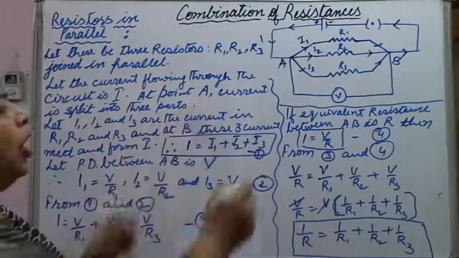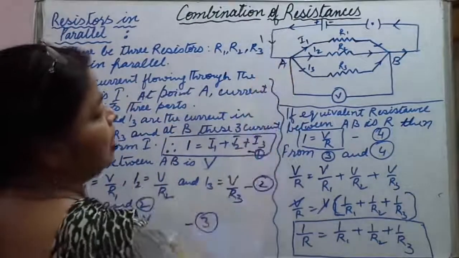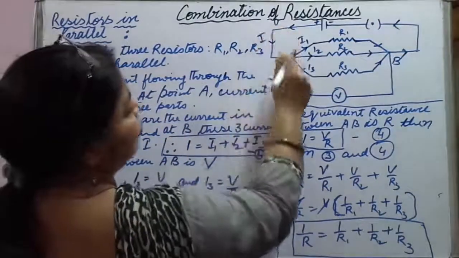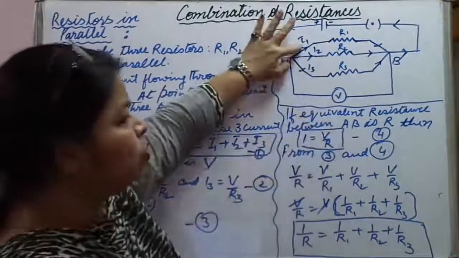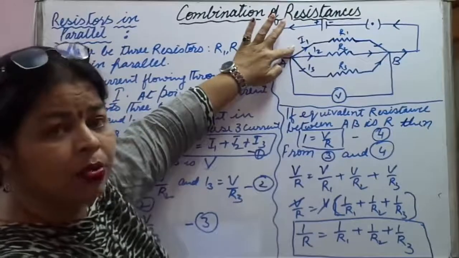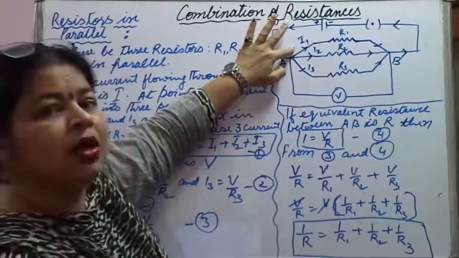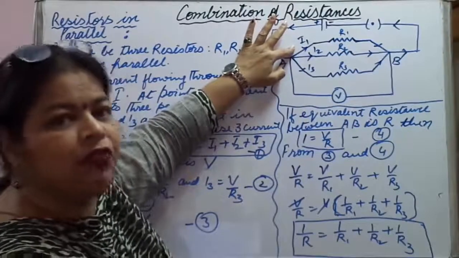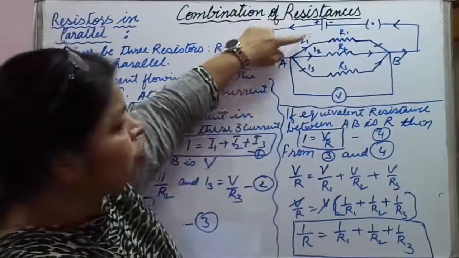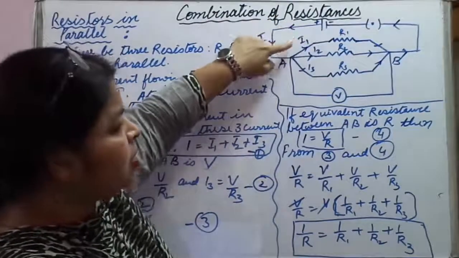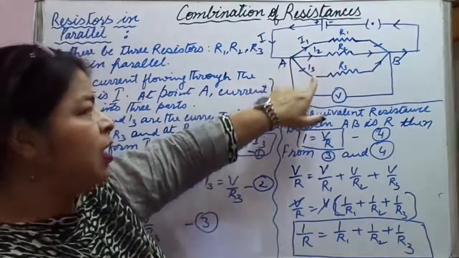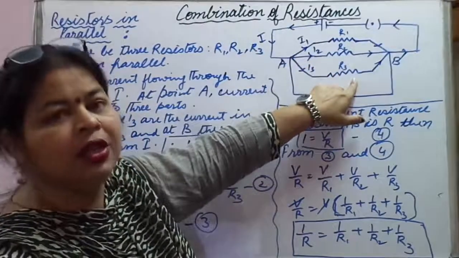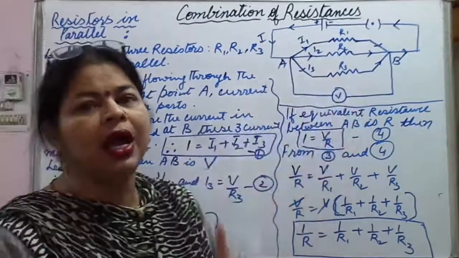At point A, when the current I enters, it is split into three currents. Why? Because in parallel connection the current is not the same, the potential difference is the same. When it goes through R1 it becomes I1, through R2 it becomes I2, and through R3, the third resistance, it becomes I3.